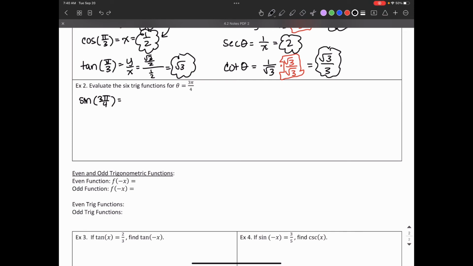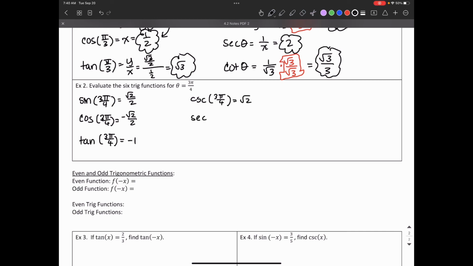Okay, sine of 3 pi over 4, you should have got square root of 2 over 2. For cosine of 3 pi over 4, you should have got negative square root of 2 over 2. For tangent of 3 pi over 4, you should have got negative 1. And then for cosecant of 3 pi over 4, you should have got the square root of 2.